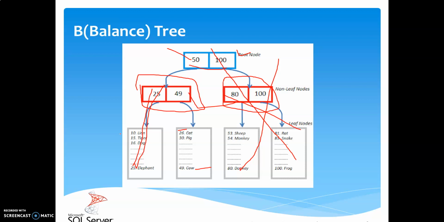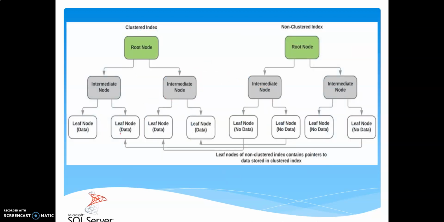So what is the difference between both the indexes, apart from the count we can create? Let's see. Here you can see this is the clustered index and this is the non-clustered index. Both create a balanced tree, but a non-clustered index always points to a clustered index leaf node.